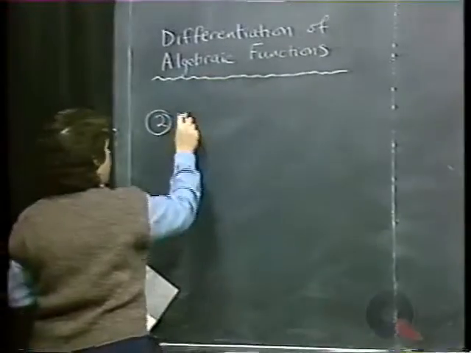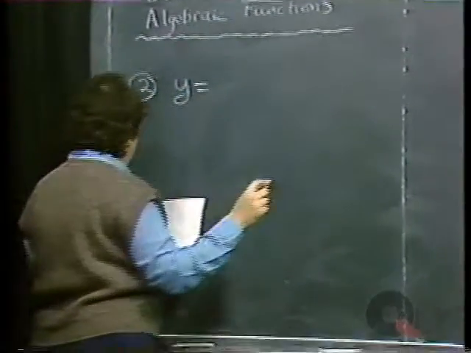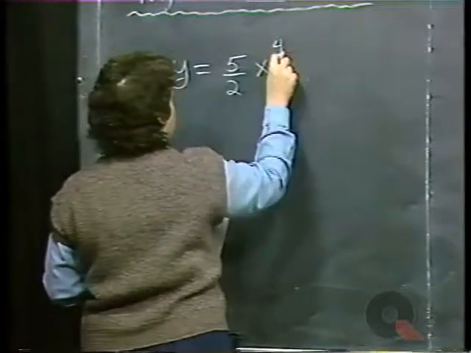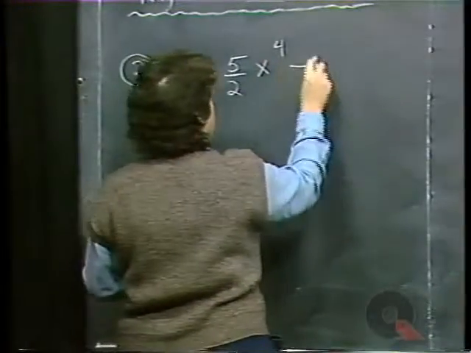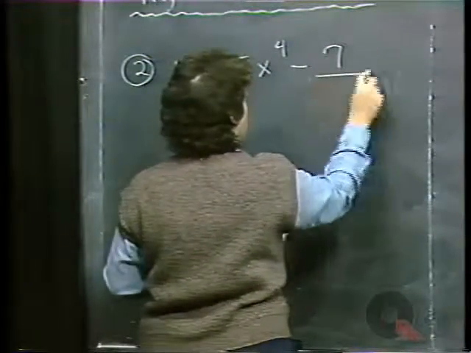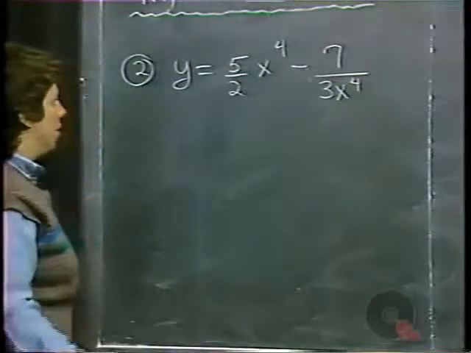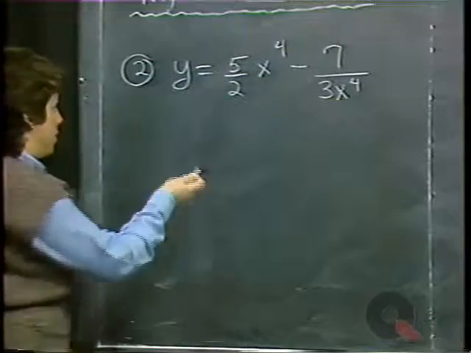Okay, for our second example, let's have y equals 5/2 x to the 4th power minus 7 over 3x to the 4th power. Now this is not a polynomial.